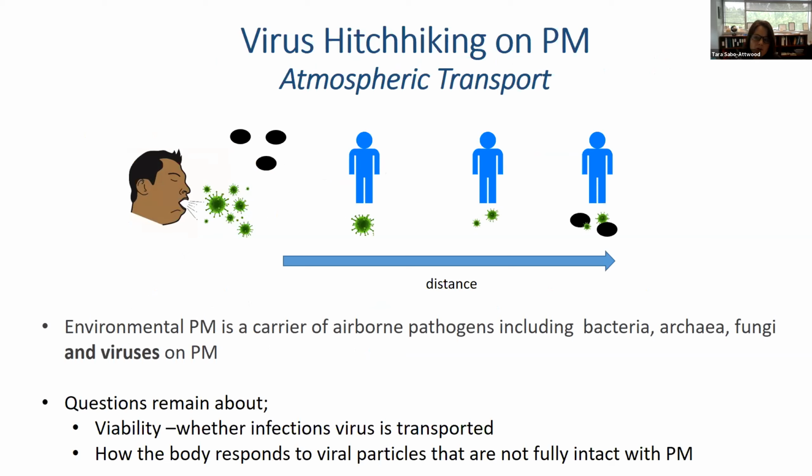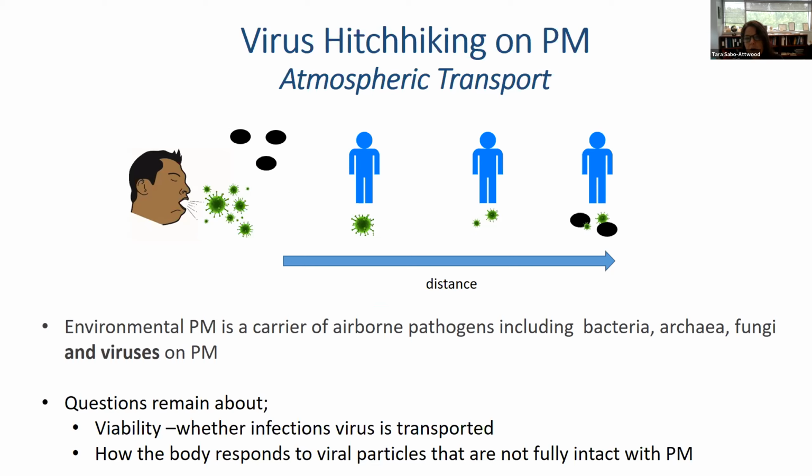But the first idea that I want folks to think about is this idea of virus hitchhiking, using particulate matter as the agent that the viruses are hitchhiking on. In general, viruses are not really traveling too long of distance. We're talking about feet, and this is related to droplets and potentially some airborne transmission from one person to another.